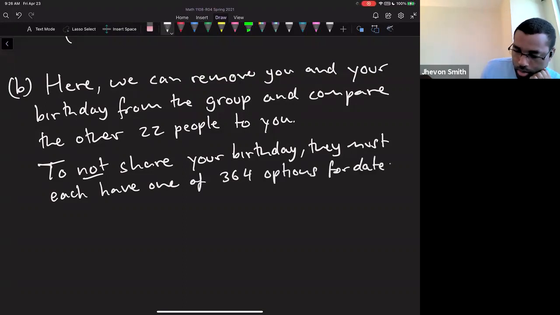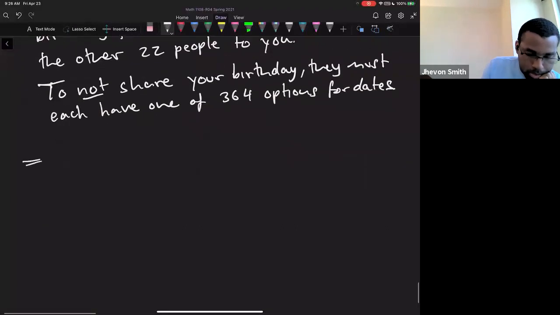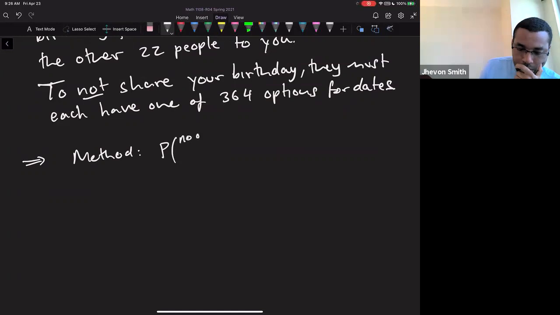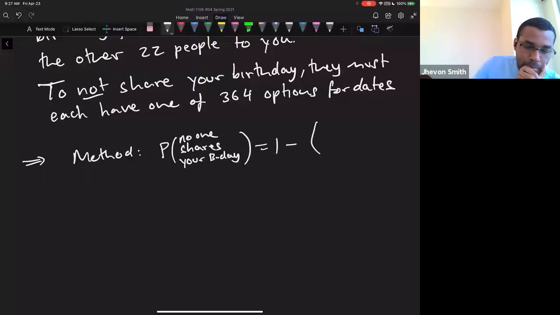So this implies, by the first method I mentioned, the probability no one shares your birthday is going to be 1 minus 364 to the 22, P of 364, choose 22.